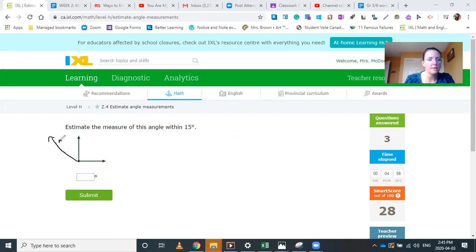So you'd add your 45 and your 90. And what would that give you? Good, 135. So that would be about 135. So you could add or subtract from there. Remember, a straight line all the way across would be 90 degrees plus another 90 degrees, which would give you 180 degrees.